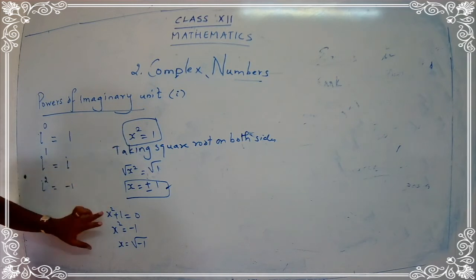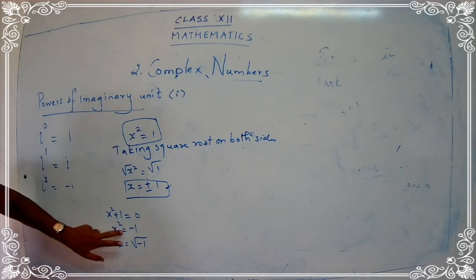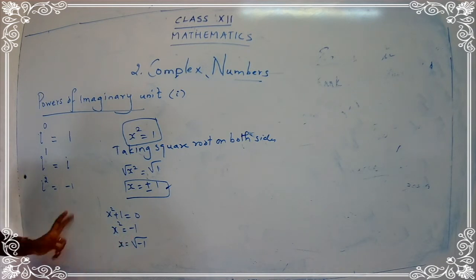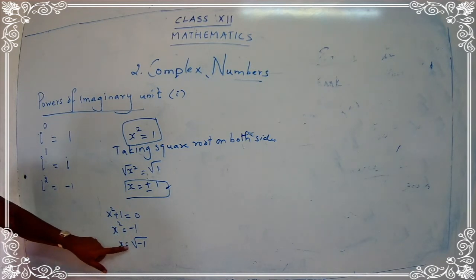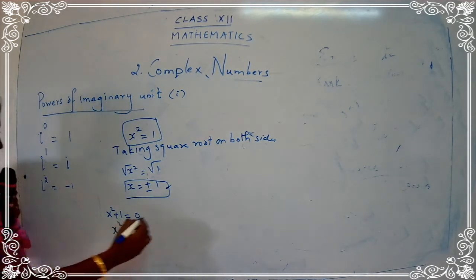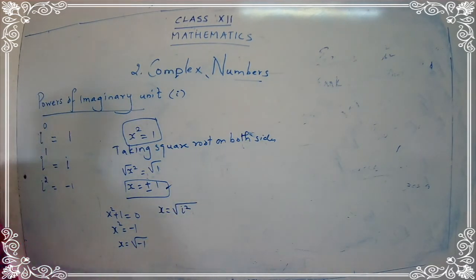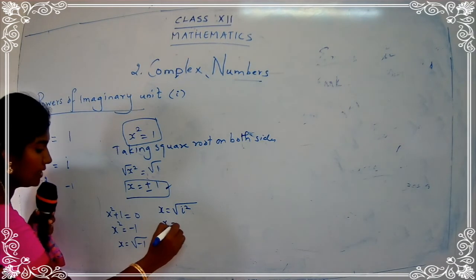If I take the square root, I get x is equal to root of minus 1. Now minus 1 is i square. So I'll write x is equal to square root of i square. So what will be the answer, children? x will be i.